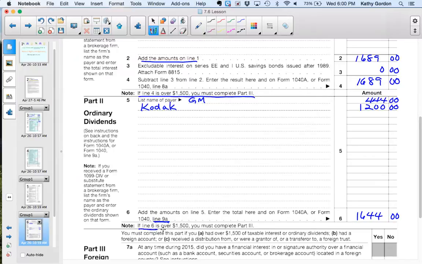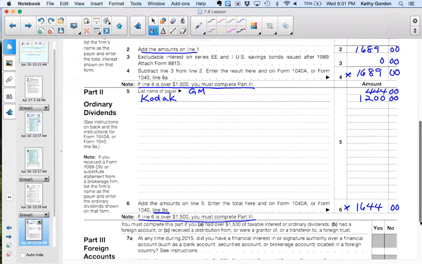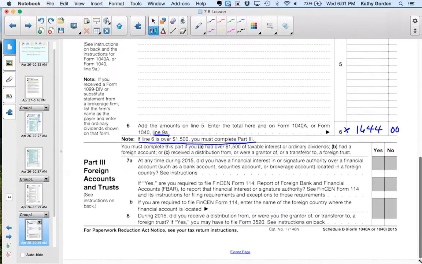Same note down here, if line 6 is over 1,500, you must complete Part 3. And we've got it on both counts. Both line 4 and line 6 are over the $1,500 mark. So we need to go down and fill out Part 3, which is basically just asking you, are you keeping any of this money in overseas accounts?